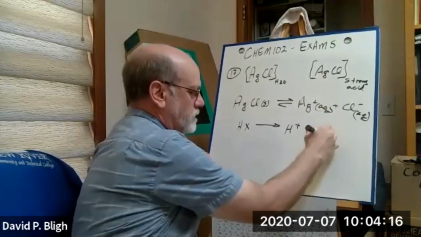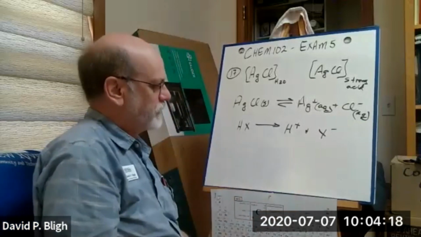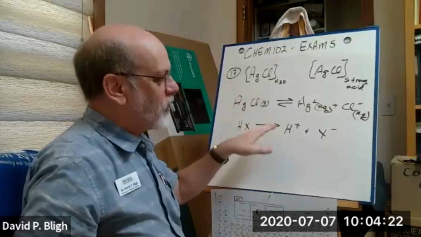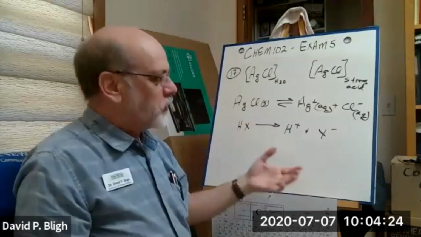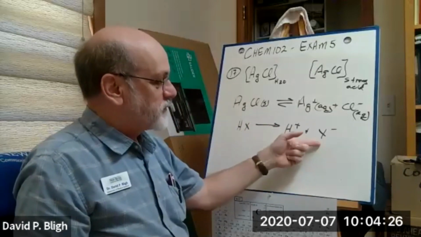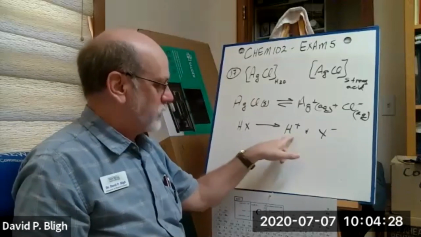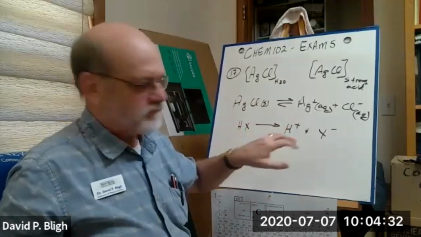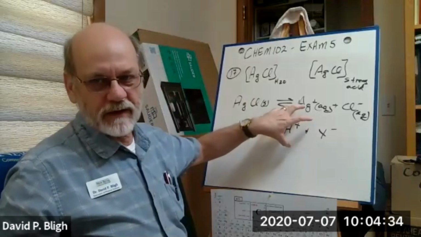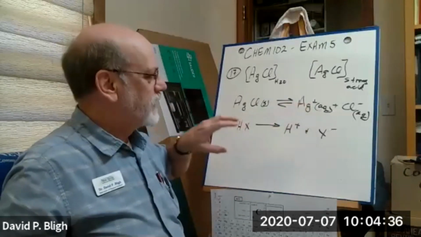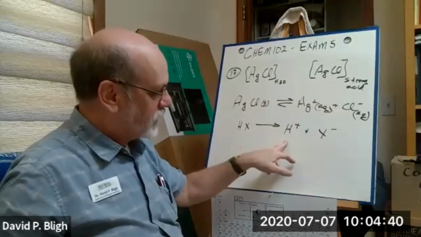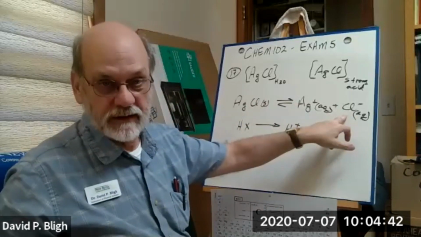exclusively those ions. Now, it didn't say what X was, it just said strong acid. So we can assume that this one's a spectator, and we only need to focus on that one. So if this is a target-rich environment in protons, then what kind of reaction are we going to get? Well, what can it react with? It can only react with chloride.